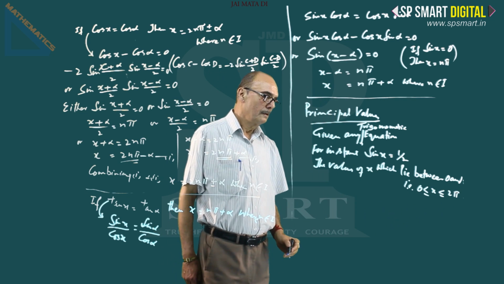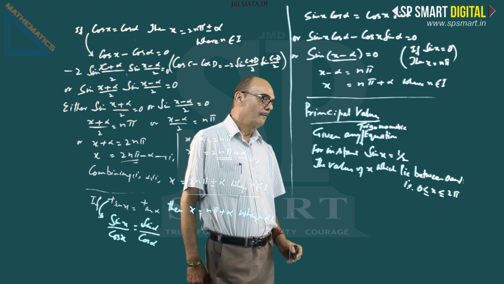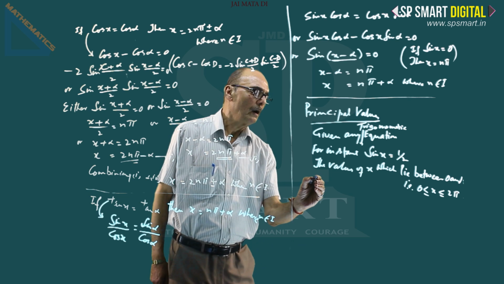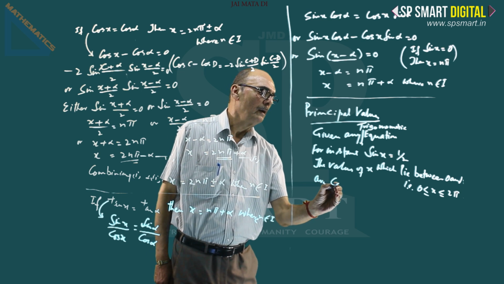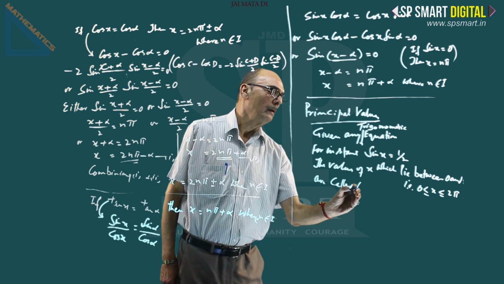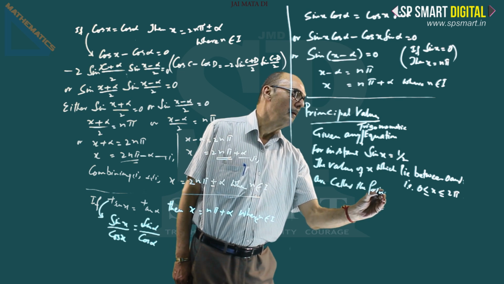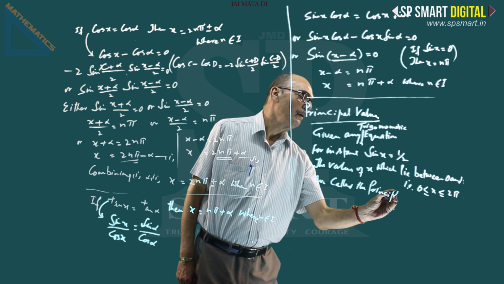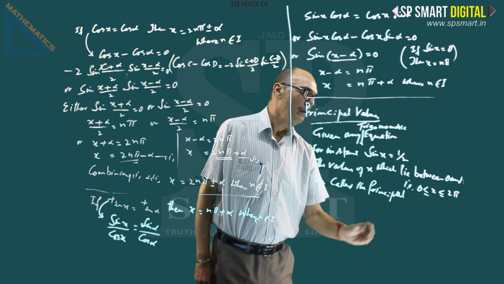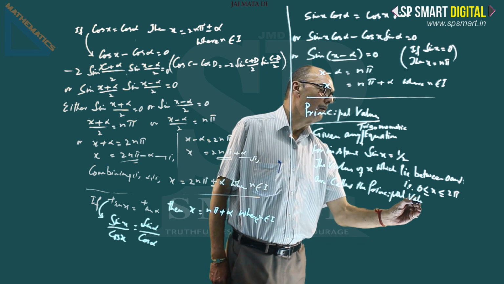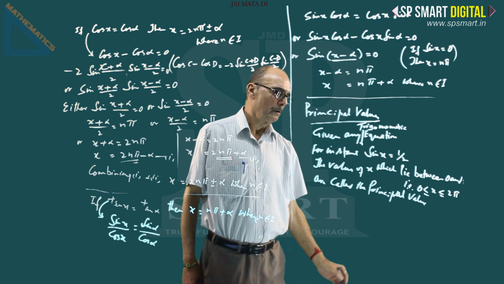the values of x which lie between 0 and 2 pi are called the principal values.